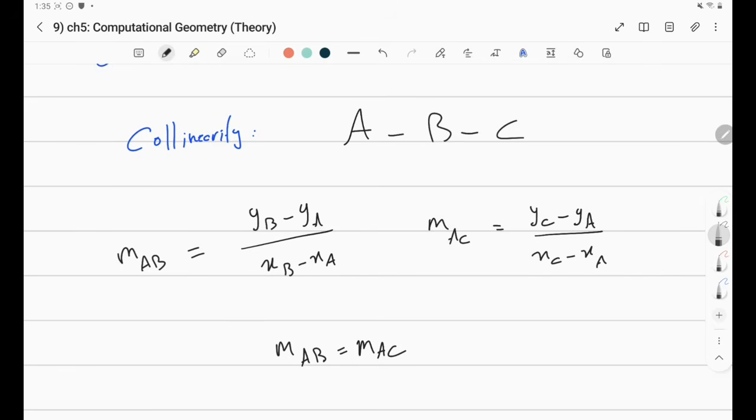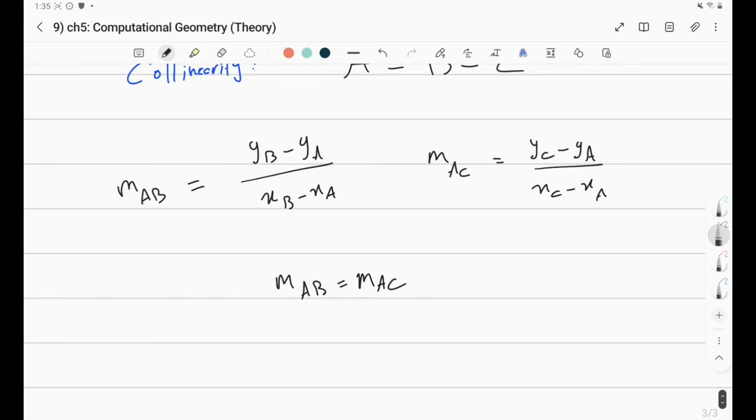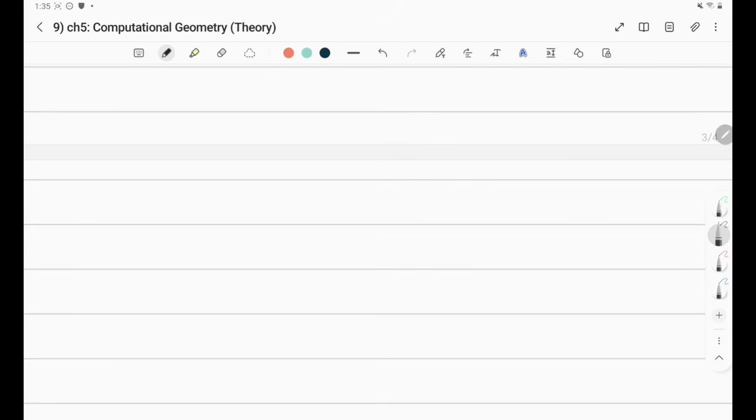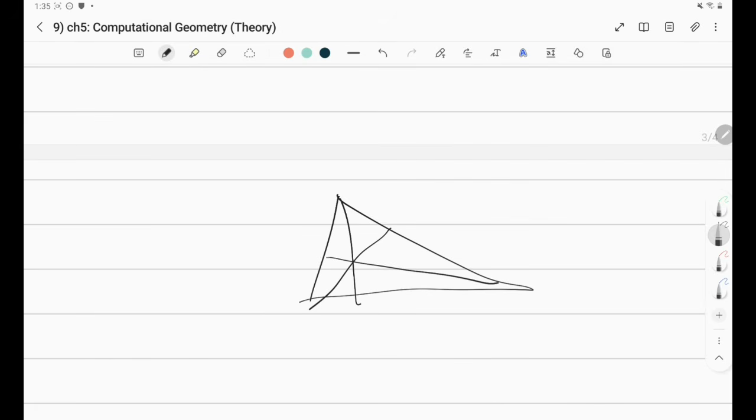However, in some problems, the question has 3 points, and each point corresponds to A, B, and C. So sometimes you have this symmetry in a question. For example, you originally have a triangle, and maybe then you drop 3 altitudes, and then maybe you take 3 medians and stuff like this.